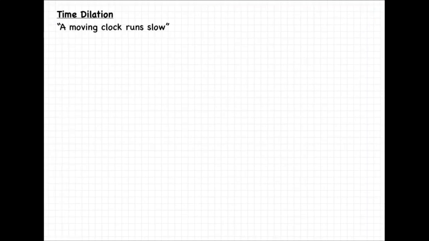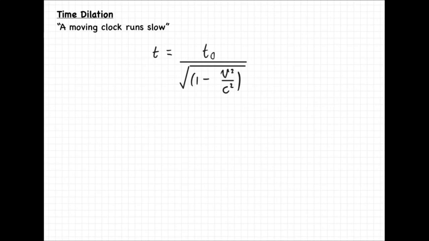So it is T equals T0 divided by... Okay, any questions about the shape of that formula, about what's going on there, or is it clear?